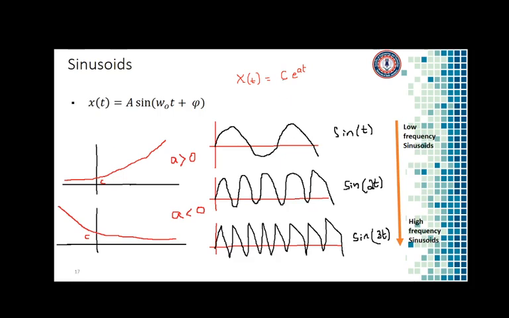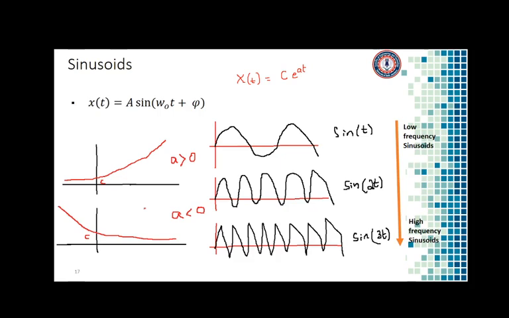Let me remind you that c and a are real numbers here, and if a is positive, the exponential is growing, and if a is negative, it is shrinking or decaying.